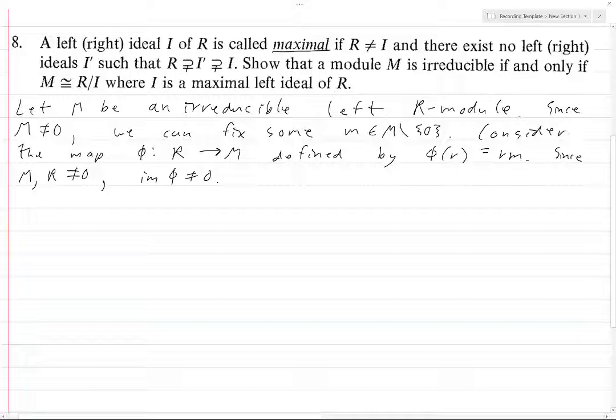Also, what else do we know? The image of phi is a submodule of M. That is using one of the homomorphism theorems, and we can use that because we're considering R as an R-module and M as an R-module. So the image of phi is a submodule because it is closed under the action by R. If you take something in this image and act on it by R, are you going to stay in it?